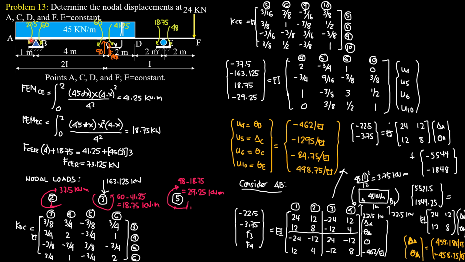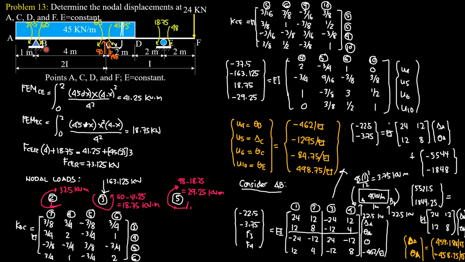The reason why we consider BCE first is because there are 4 unknowns here that can be manageable using your portable calculator. 1 at B, 2 unknowns at C, and 1 at E. So therefore, the net nodal load at D is 22.5 clockwise minus 60.